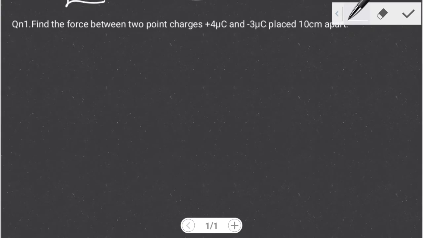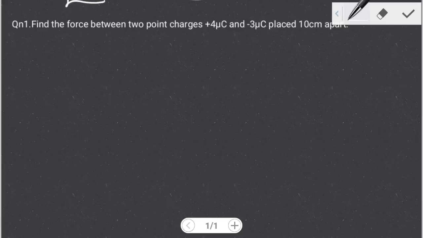Consider a problem of this kind: find the force between two point charges, a positive 4 nanocoulomb and a negative 3 nanocoulomb, 10 centimeters apart. To calculate for such a problem, you first locate these charges.